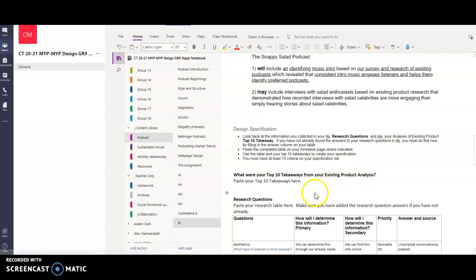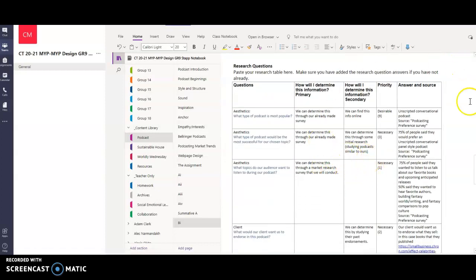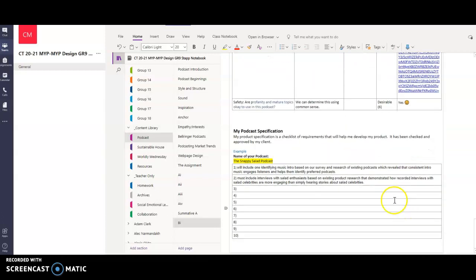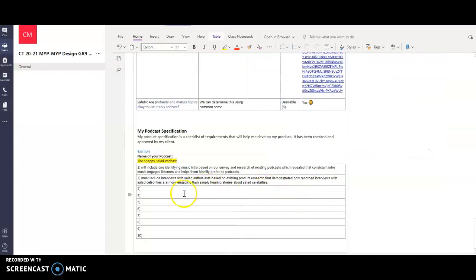This page is where you drop your top 10 takeaways, your research table with answers, and begin working on your criteria in the correct format with the name of your podcast at the top of the table, and then your criteria with that will, must, or may, depending on whether it's desirable or essential, where you identify the thing that needs to happen in order for it to be successful, the research that it came from, and why it's important. Okay. Upload a screenshot of all of this to ManageBack for credit for the day.